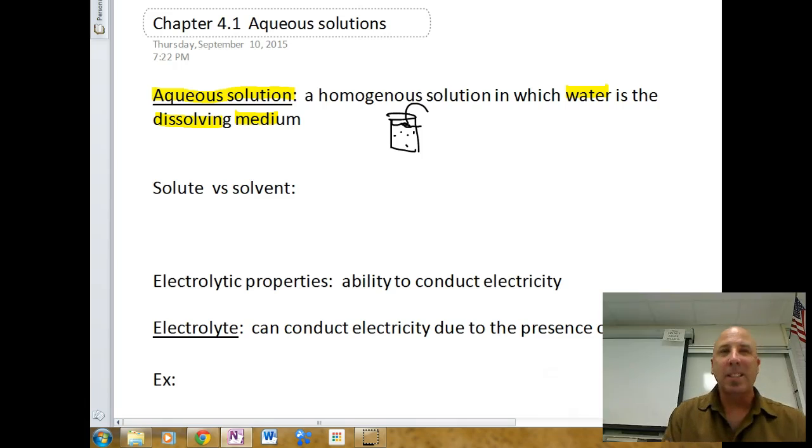Let's talk about the difference between a solute and a solvent, another thing from regular chemistry, but a reminder for us. Our solute is going to be our dissolved particles. And our solvent is going to be the dissolving medium.